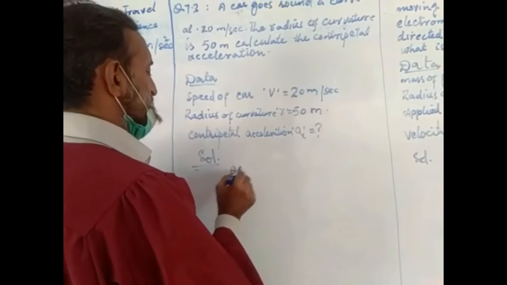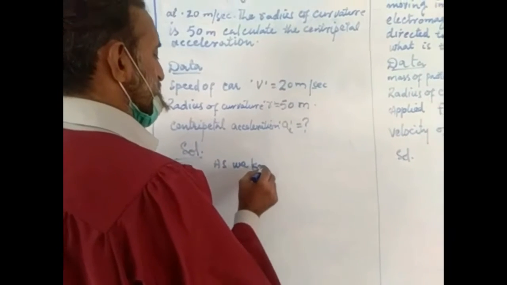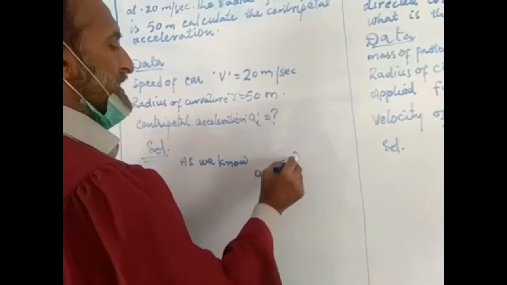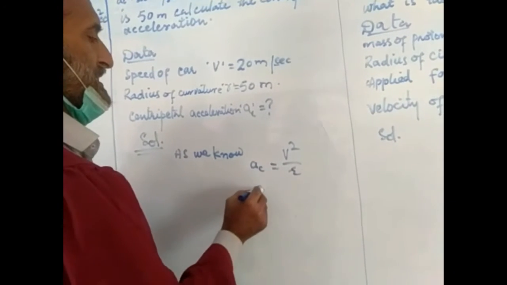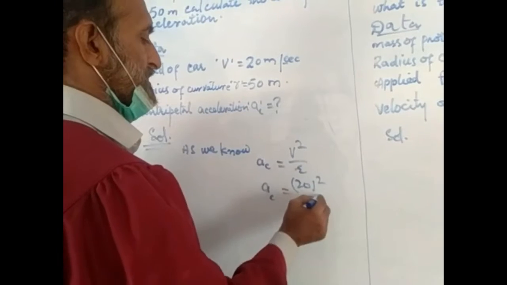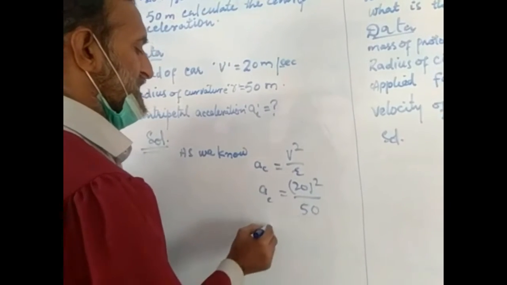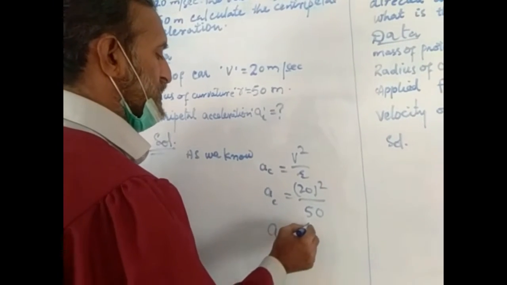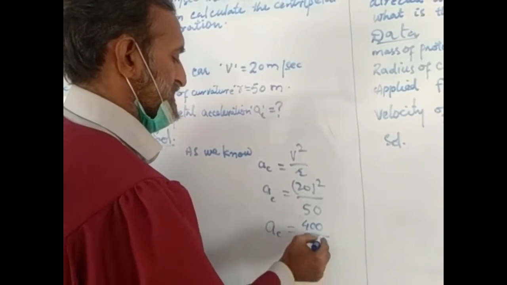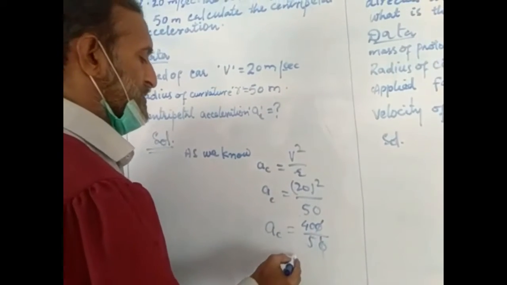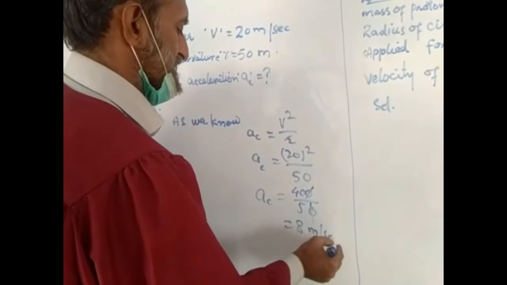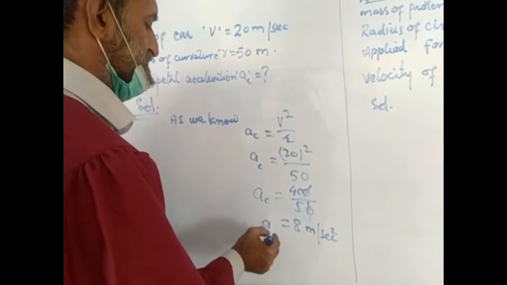As we know, AC is equal to v square upon r. AC is equal to 20 square upon 50, which is 400 upon 50. 0 will be cancelled by 0. 8 5s are 40. So 8 meter per second square.